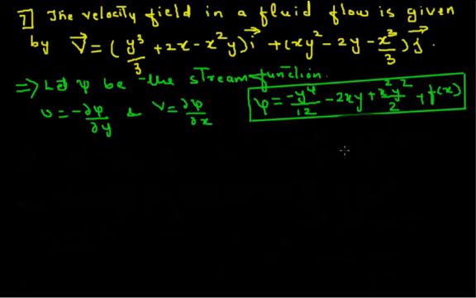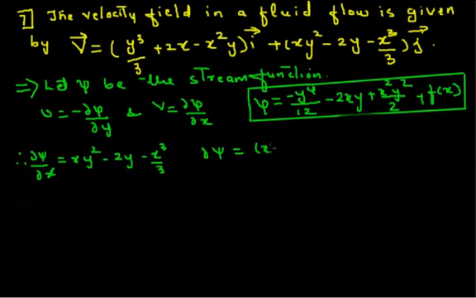We will use this property to find out the second equation for psi. So v is equal to del psi by del x, therefore del psi by del x is equal to v, which is nothing but xy square minus twice y minus x cube by 3. Now separating these terms, we take psi on one side, everything else on the other side. We have del psi equals xy square minus twice y minus x cube by 3 into del x.